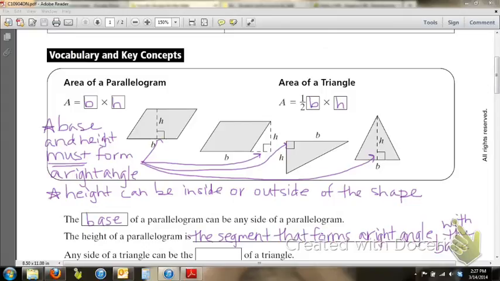Oh, sorry, you can't see that, huh? Right angle with the base. That's better. Okay. Got that little hand in the way. You can't see when I write down there. Okay, so let's pause the video and write that down, and then we'll talk about the triangle one.